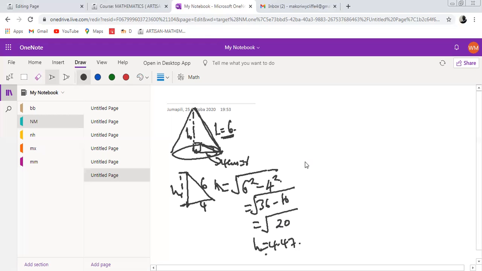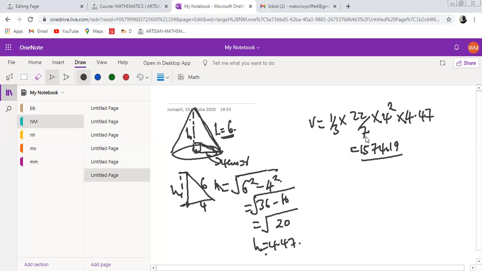This is your h. So your volume should be given by a third times 22 over 7 times the radius, which is 4 squared, times the perpendicular height, which is 4.47. So 4.47 times 16 times 22 gives us 1574.19.